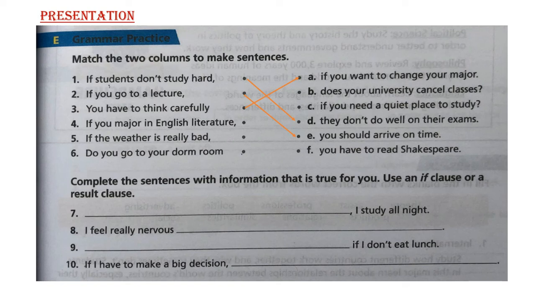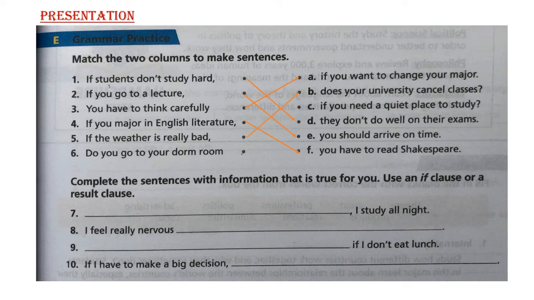Number 4, if you major in English literature, what happens? You have to read Shakespeare. And number 5, if the weather is really bad, what happens?